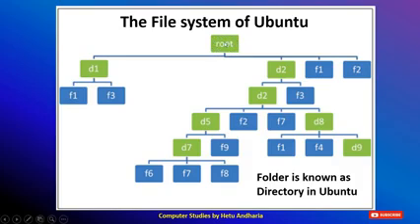In Ubuntu there are no partitions, everything is considered as root, and everything is stored in the same hard disk, no partitions at all. Now here a diagram is given in which you are shown the hierarchy. And in Ubuntu language folders are known as directories. Remember this word. All the folders are displayed in the green color, while files are displayed in blue color.